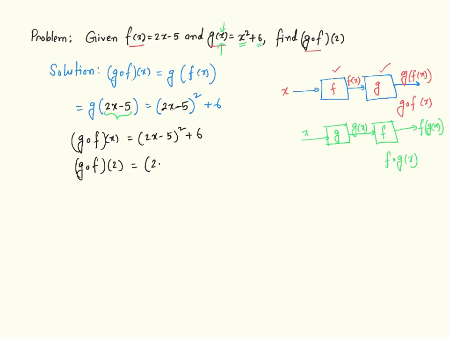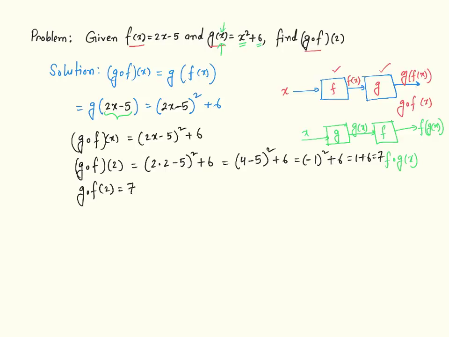It is going to be (2 times 2 minus 5) whole squared plus 6, which is 4 minus 5, so negative 1 whole squared plus 6, equal to 1 plus 6, which is 7. So g composed with f of 2 is going to be 7. That's what it is.